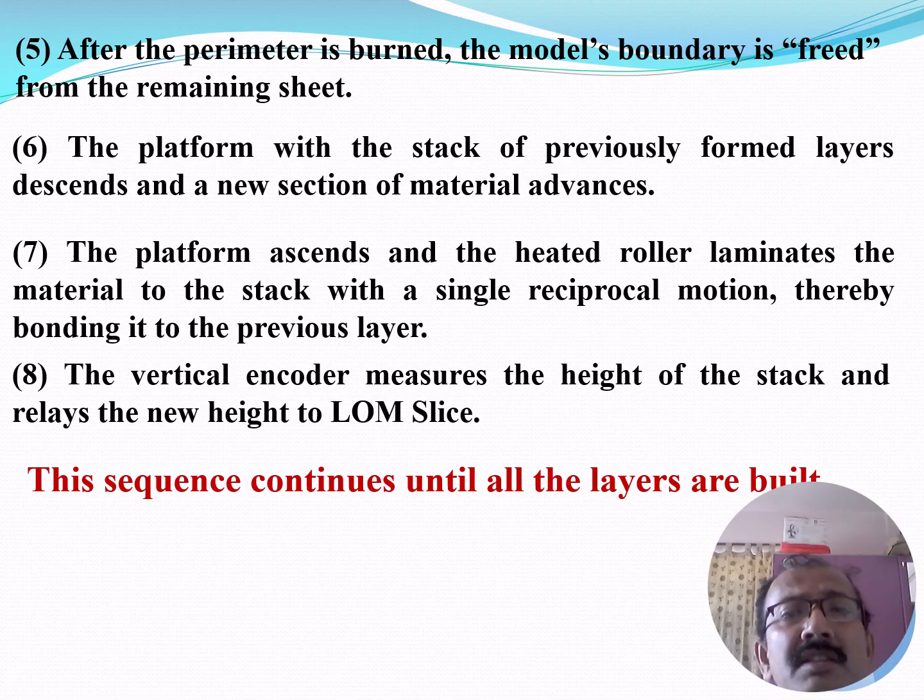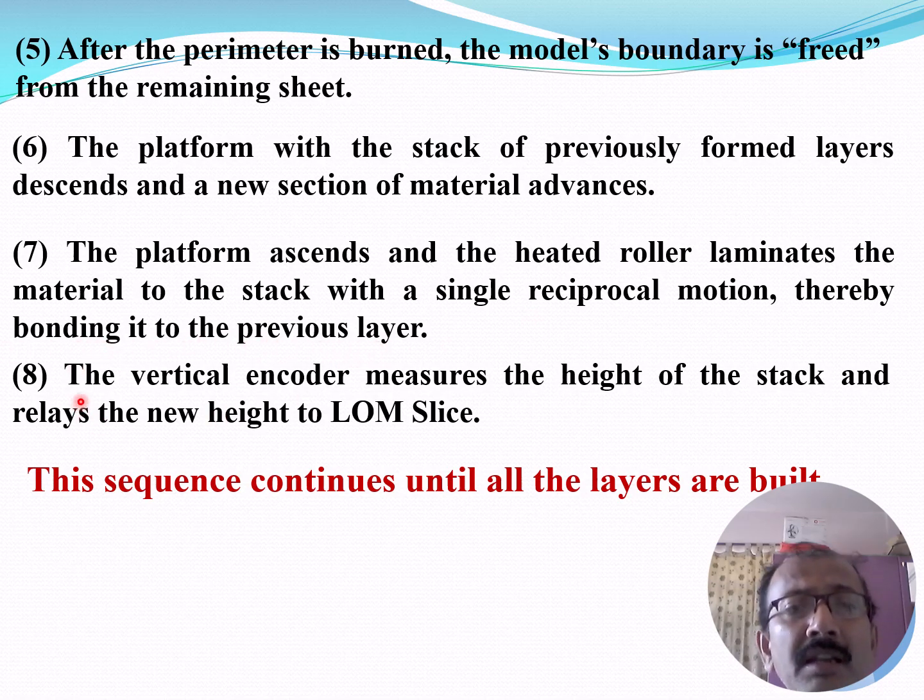After the perimeter is cut, the model's boundary is freed from the remaining sheet. The platform with the stack of the previously formed layers descends, and a new section of the material advances. The platform ascends and the heated roller laminates the material to the stack with a single reciprocal motion, thereby bonding it to the previous layer.